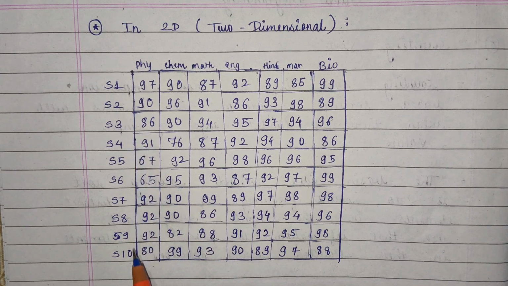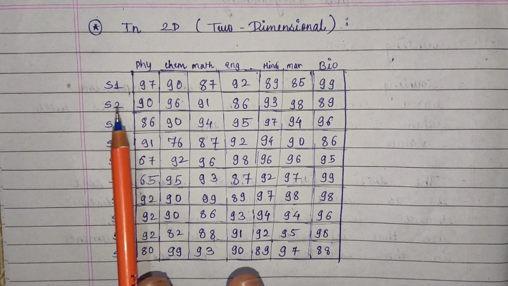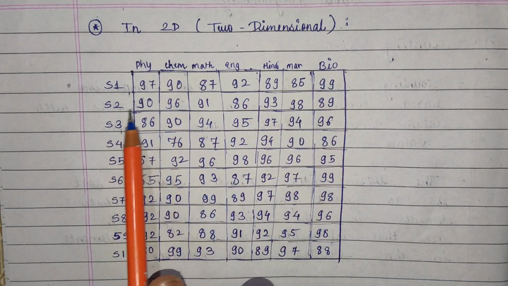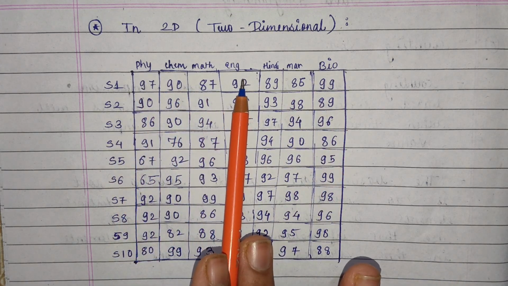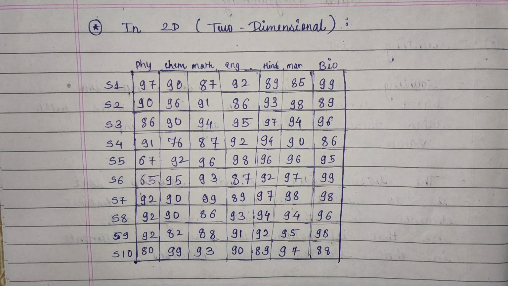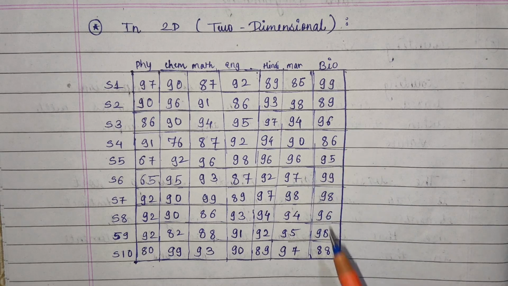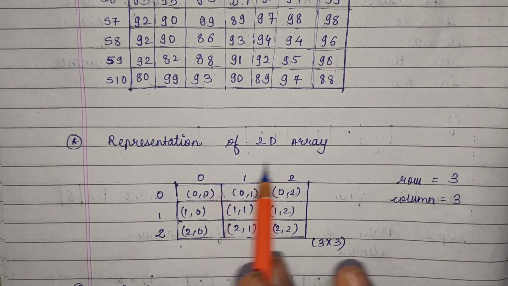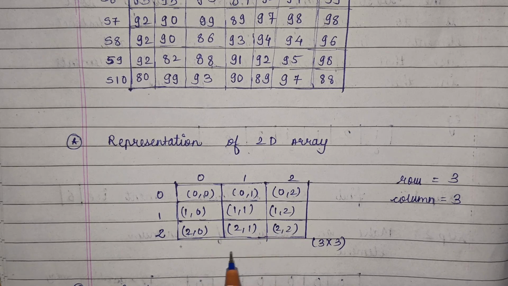Here we have stored the 10 students' marks along with their subjects. You can see the number of subjects: physics, chemistry, maths, English, Hindi, Marathi and biology. This way we can store the marks in 2D format, and we can represent the 2D array in this format.